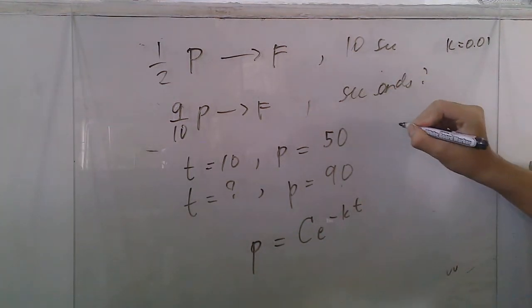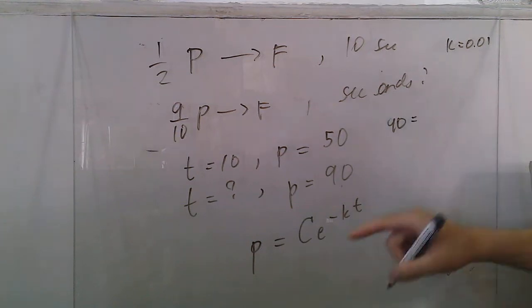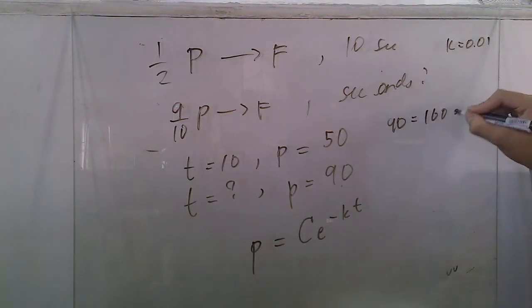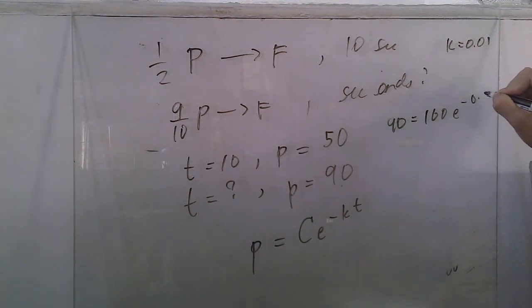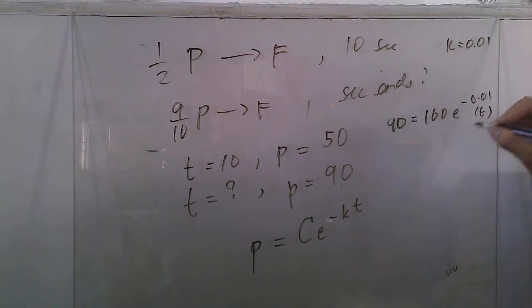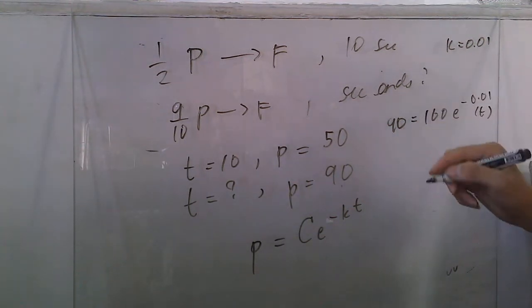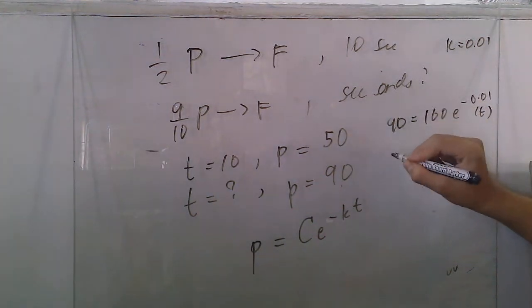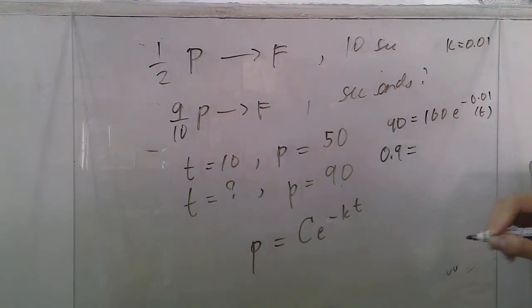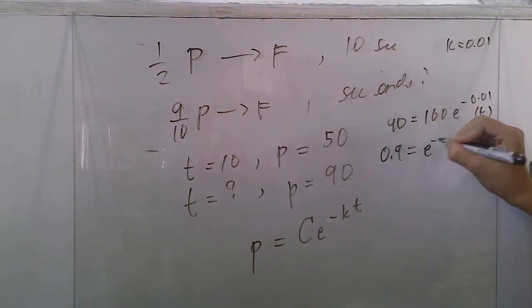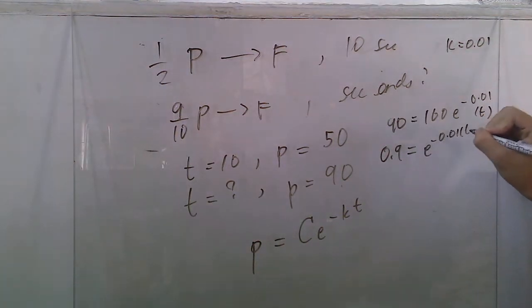So that's 90 equals our initial population 100 times e to the negative 0.01 times t. So 9 divided by 100 is 0.9 equals e to the negative 0.01 times t.